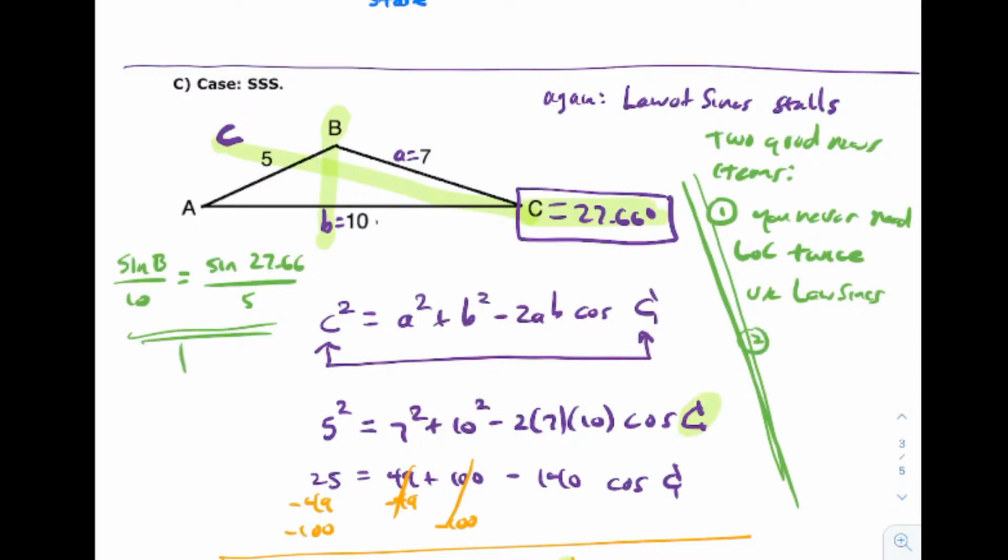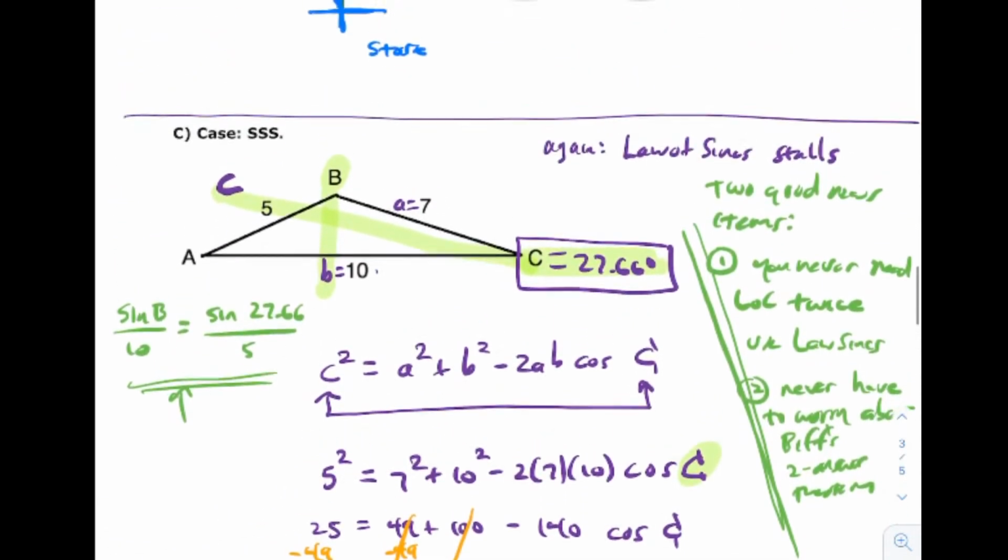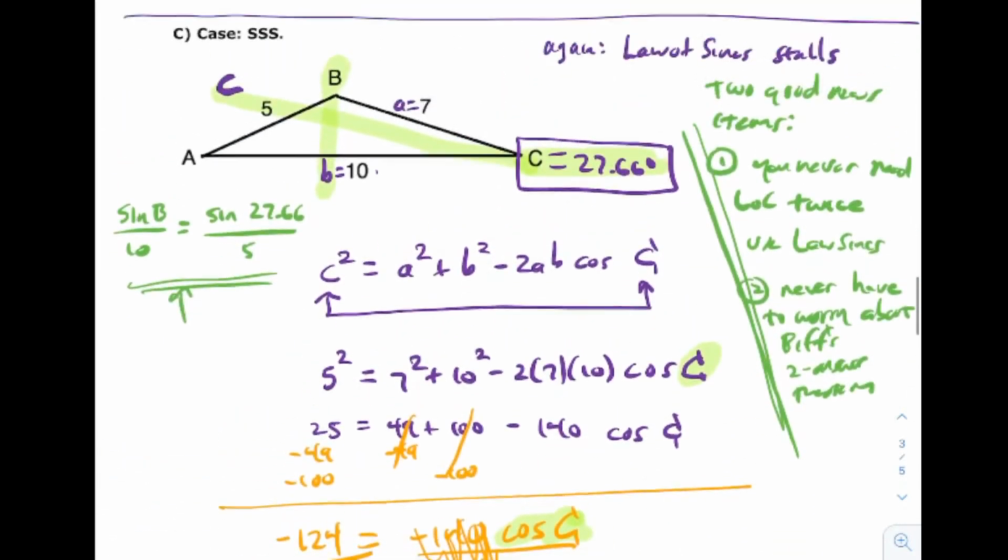remember there was something tricky about the law of sines, that sometimes the calculator gave you the wrong answer, that Biff's two-answer theorem. You never have to worry about that with law of cosines. Never have to worry about Biff's two-answer theorem when using law of cosines.